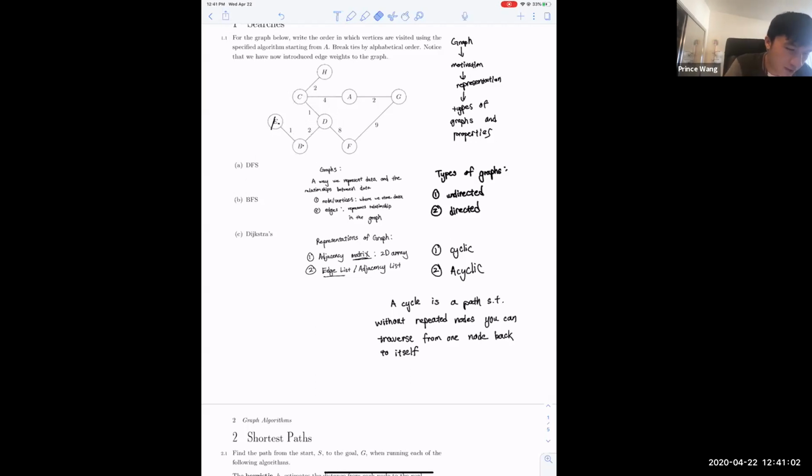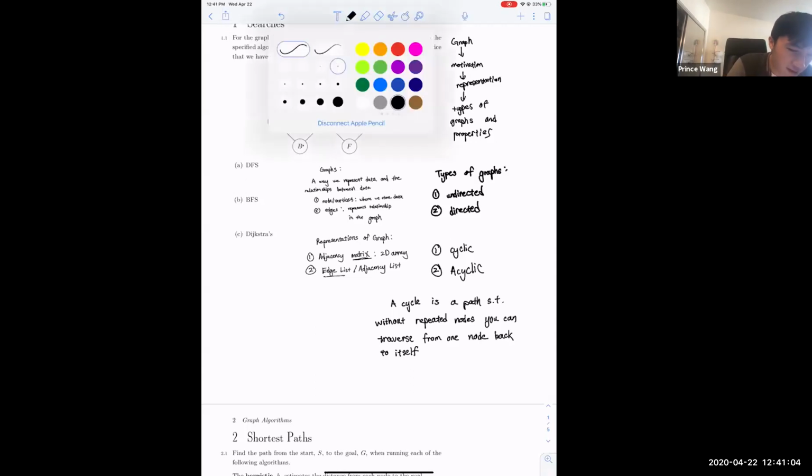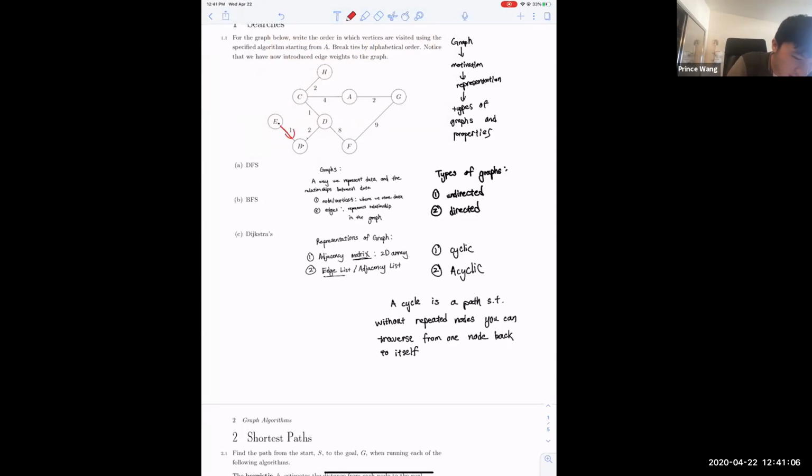If you do something like E to B, B to D, D to C, C to A, and back to C, and then to E, then that will not be a cycle by definition. Even though there is a cycle in between, this particular path is not a cycle. But if you get rid of this traversal and only leave it with that, that is a cycle.